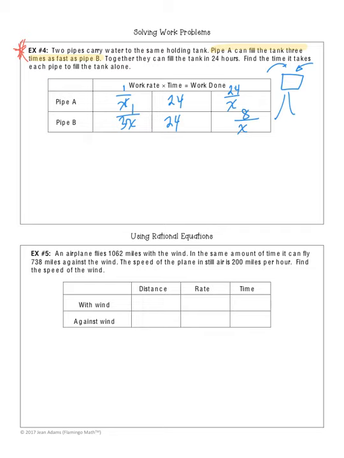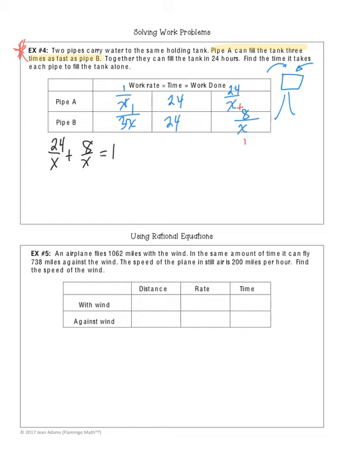All right, so then my second step, and remember this, if we add these together, it's going to equal 1 whole job. So my equation is going to be 24 over x plus 8 over x equals 1 whole job.